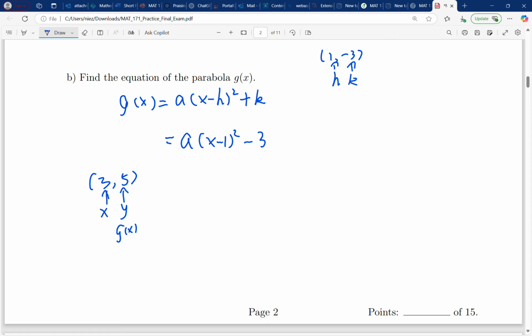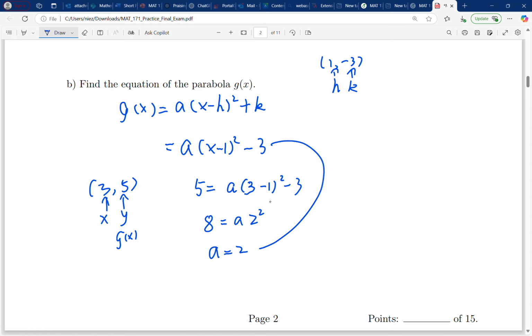So we have 5 equal to a times, x is 3, minus 1 squared, then minus 3. Both sides plus 3, you get 8 equal to a times, 3 minus 1 is 2, and 2 squared is 4. Divide both sides by 4, you get a equal to 2.